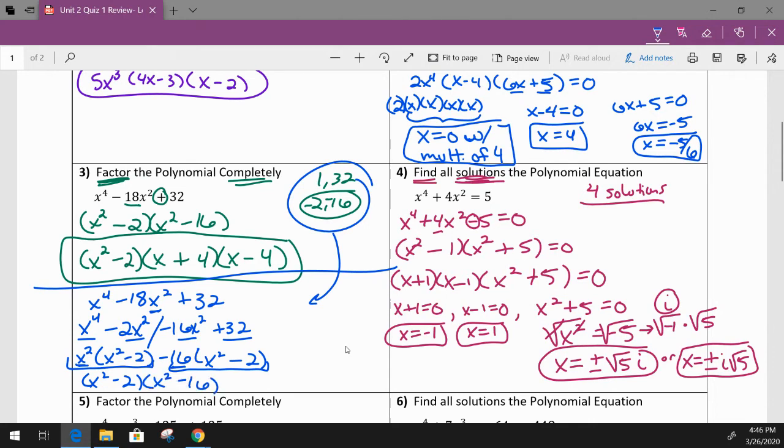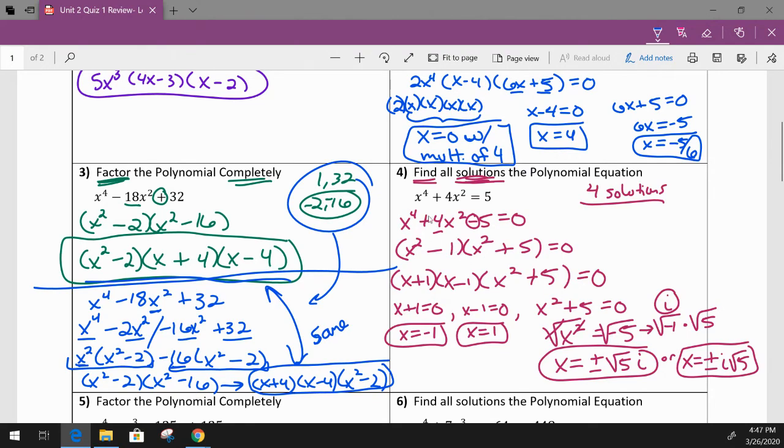The x squared minus 16 can be factored again into x plus 4, x minus 4, and don't forget you have the x squared minus 2 that was in front. So we still have the same solution as we had earlier, so they are the same, but there's just more steps involved.